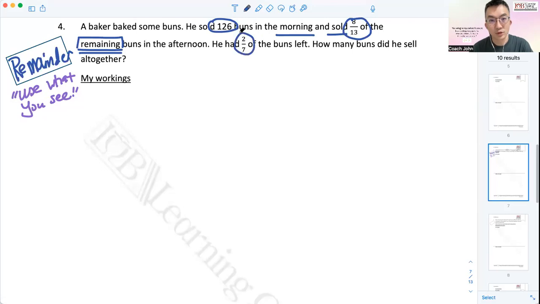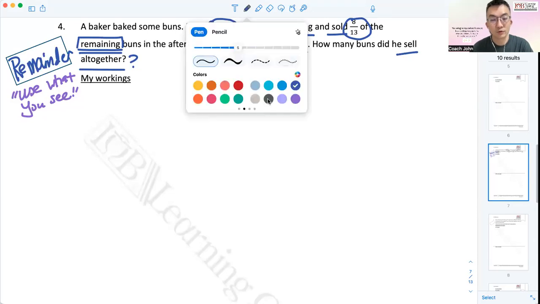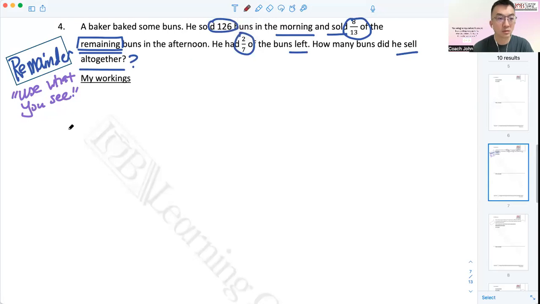Then circle fraction, underline left, and then sell all together with question mark. Just to remind you that this is what you need. For the fact that this is a remainder concept, there are two methods.